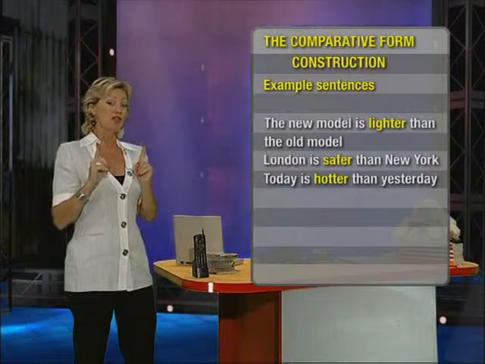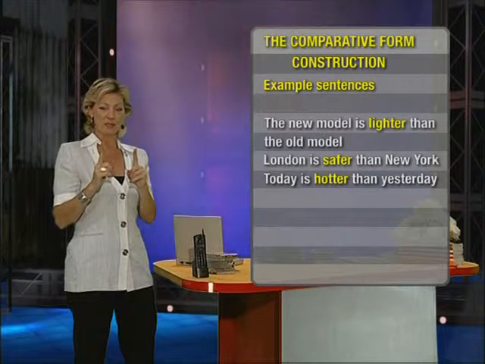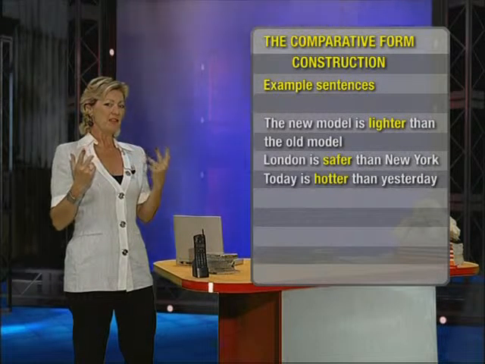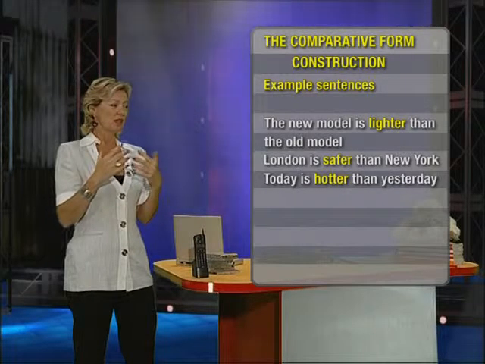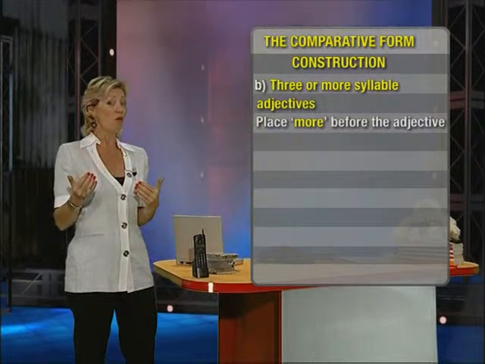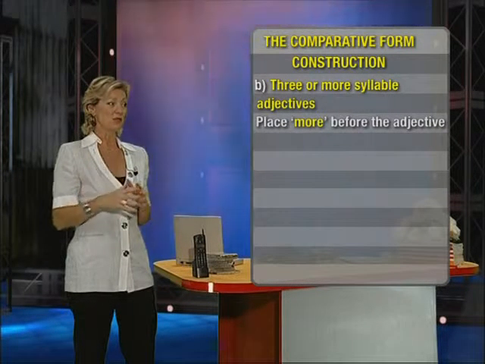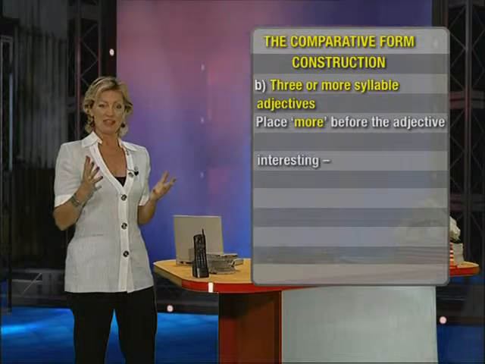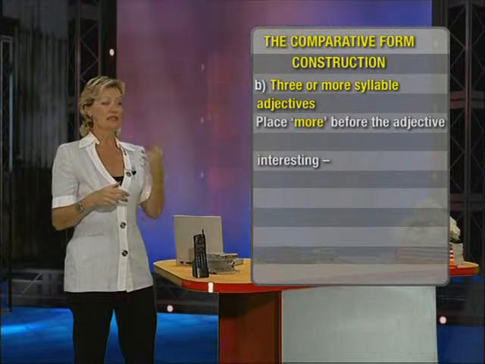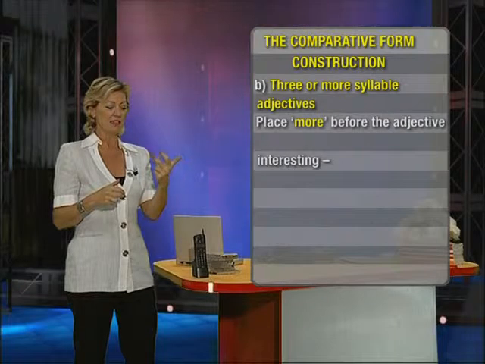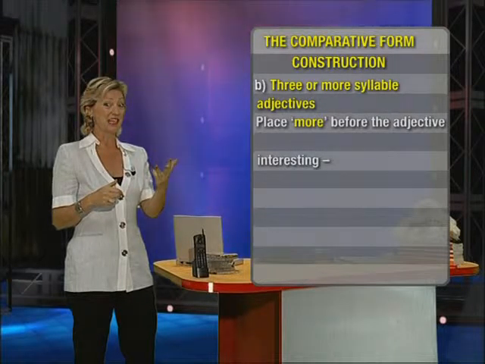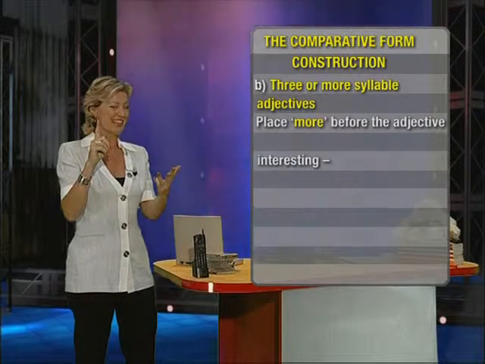All right, so those are adjectives with one syllable. But what happens if you have adjectives with 3 syllables or more? Look at the examples. Interesting is an adjective with, no, 4 syllables.